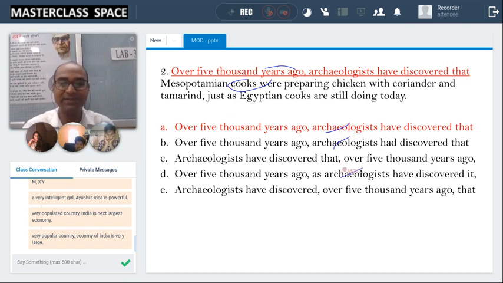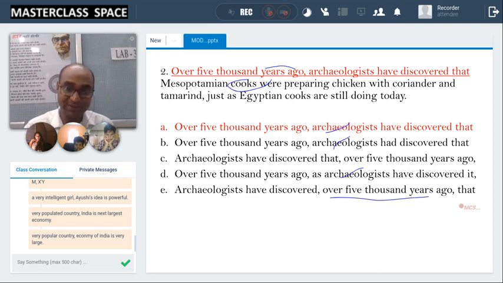Even same problem in D. Now, between C and E, you have to pick one. But again, if you look at that, it seems archaeologists discovered it over 5,000 years ago. We do not know that it really was a 5,000-year-old discovery, right?